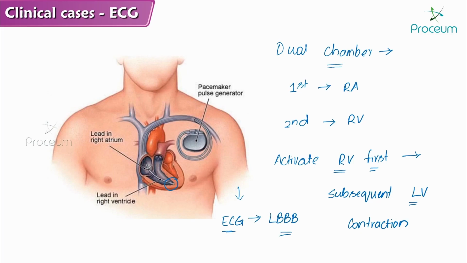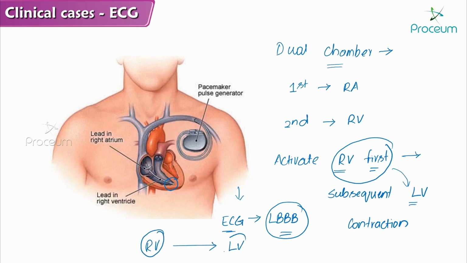Why should the ECG have left bundle branch block morphology? Because the right ventricle is contracting first and later on the left ventricle is contracting. The same thing happens in LBBB ECG also. In left bundle branch block, the right ventricle will contract first, followed by the left ventricle contracting later. Now, if the ECG has to show left bundle branch block morphology, how should the QRS complexes be in V1 and V6?